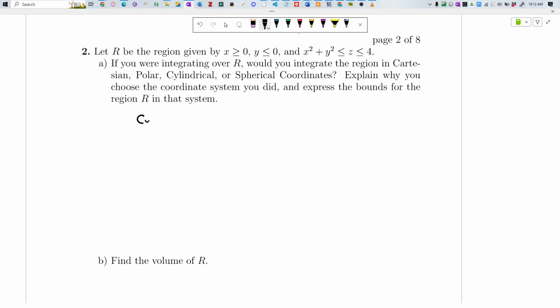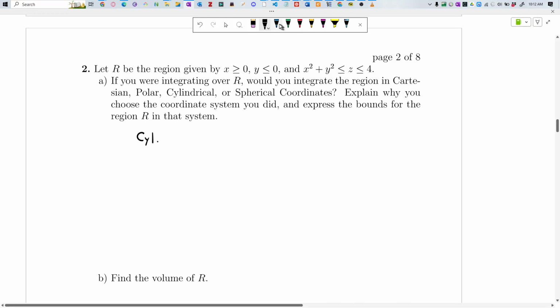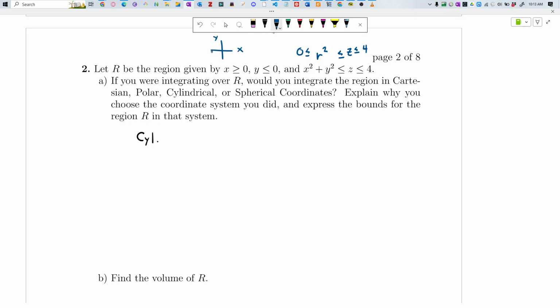So I'm thinking cylindrical, and it's to do with the fact that this looks like an r squared less than or equal to z, less than or equal to 4. So it seems like we have this series of inequalities. These two conditions are fixing what part of the theta.